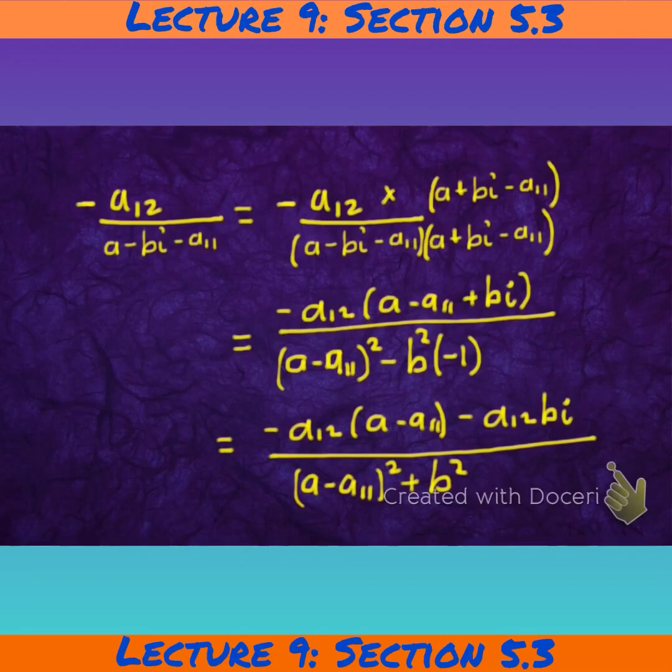Note that this term is non-zero. This we don't really worry about, because this is positive, so it's at least 0. This term is not going to be 0 because A12 is not 0 and B is not 0. And again, that we don't really worry about.